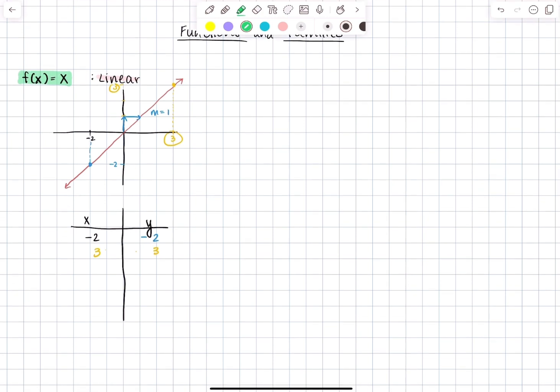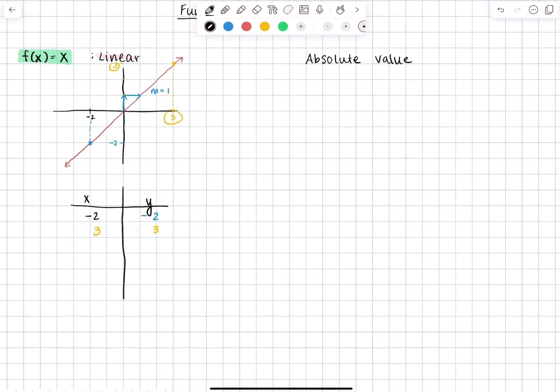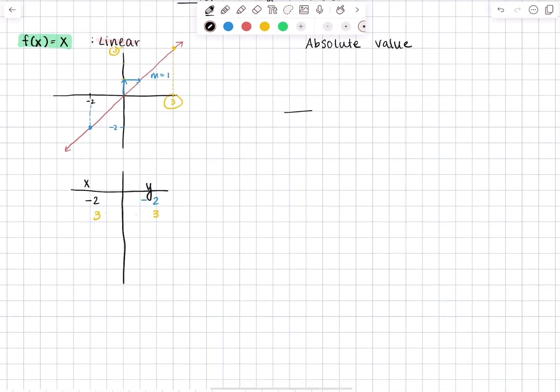Now let's look at our second function, and that's absolute value. So visually we have a graph and it's going to look like this. So the parent function is going to look like this.